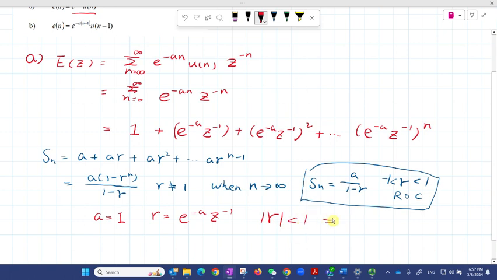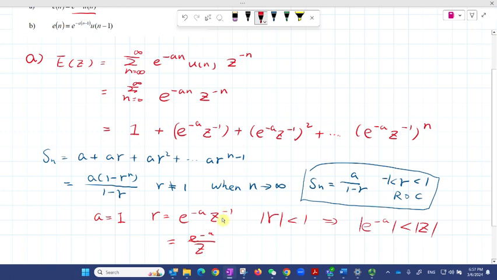So the magnitude of e to the order of negative a has to be smaller than the absolute value of z, because this is just e^(-a) over z.